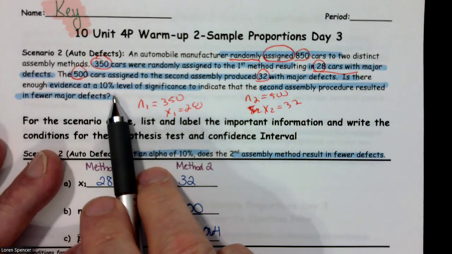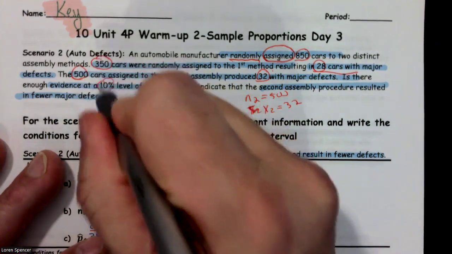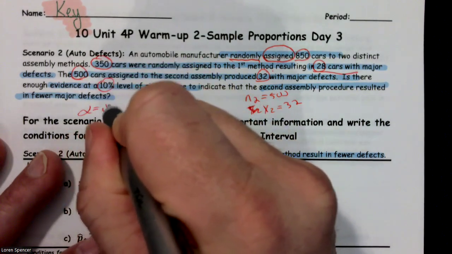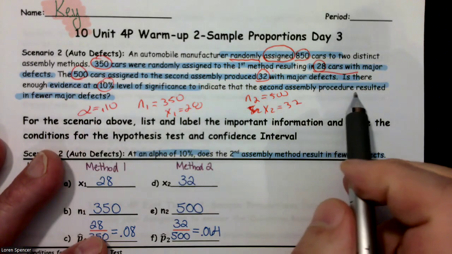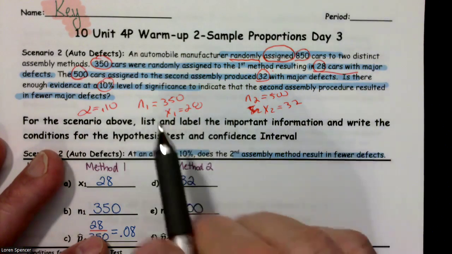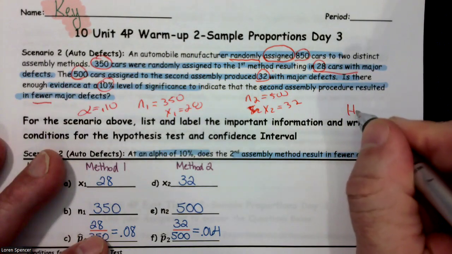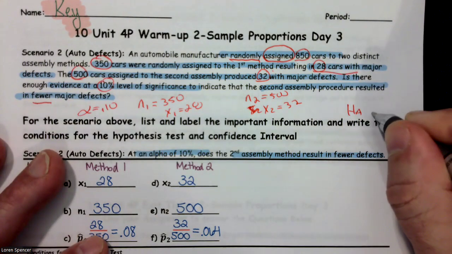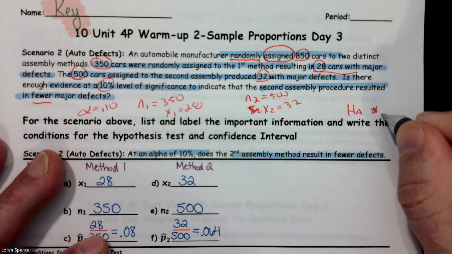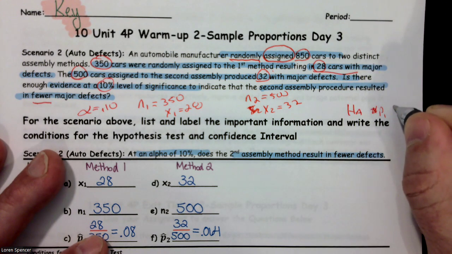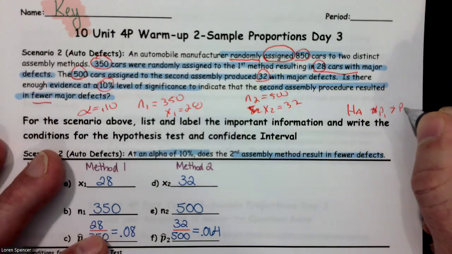Is there enough evidence at 10%, so this is our alpha, to indicate the second assembly resulted in fewer defects? Now, this is a key word. If we were running the test all the way, our alternative would be proportion 1 has greater defects than proportion 2.